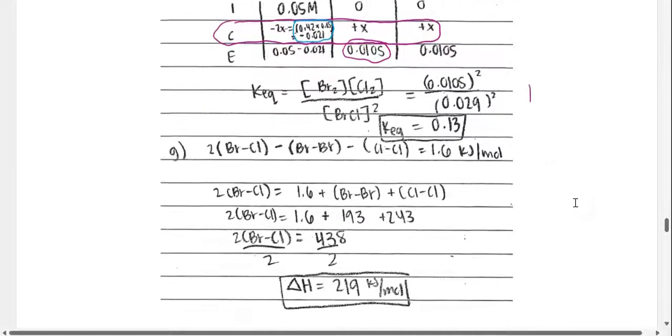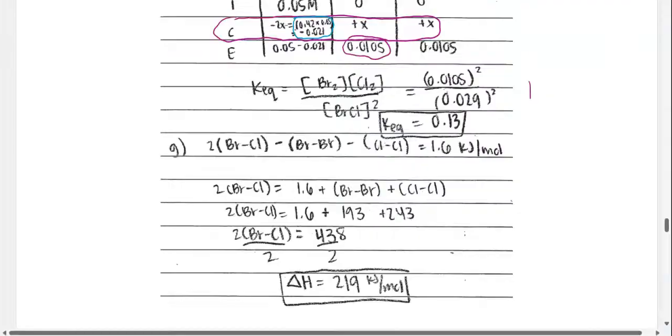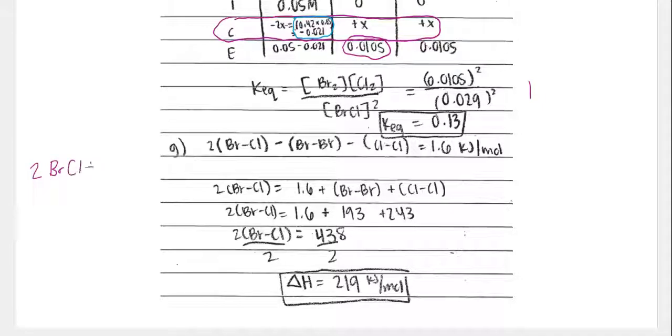And in this reaction of 2BrCl going to Br2 plus Cl2, this and this are being formed. So the student is subtracting each of them, which is correct.